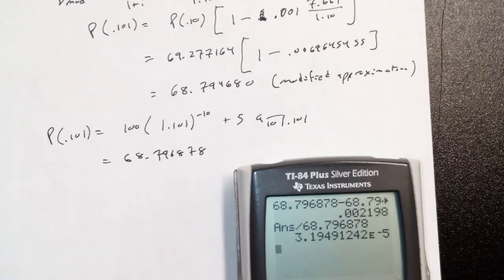That's 3/10,000ths of a percent. That's a tiny relative error.